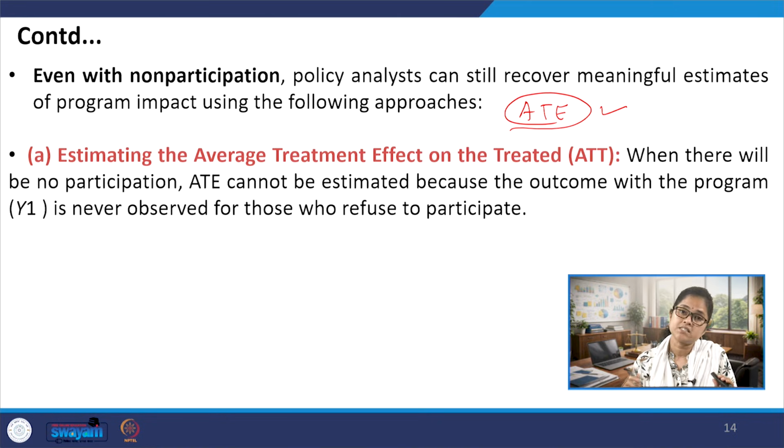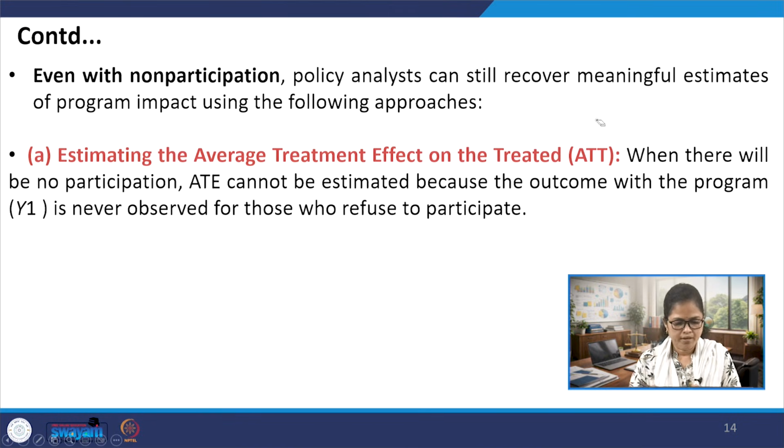But where 100% compliance is not followed, the average treatment effect is not going to capture the impact of the policy or intervention. That is the reason we use two other approaches to find out the impact of the policy or program.